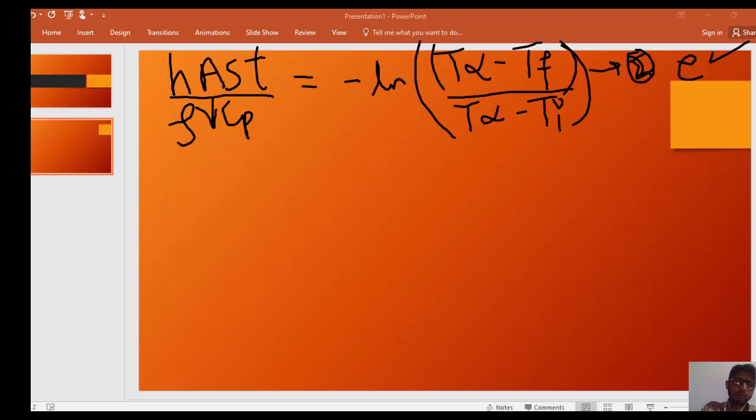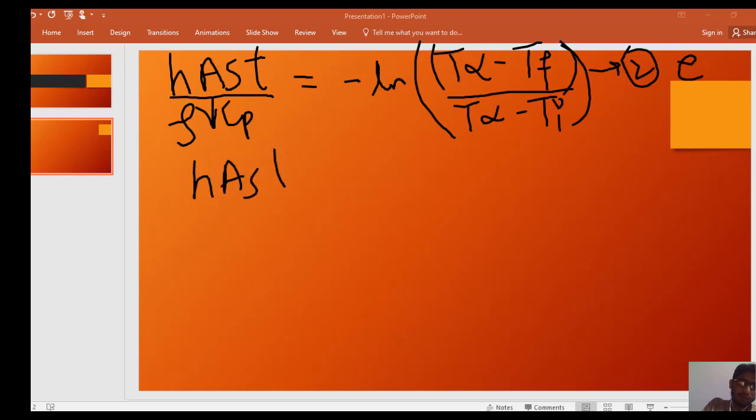So we will get e to the power hAs t over rho V Cp. Now apply e to both sides of equation number 2.